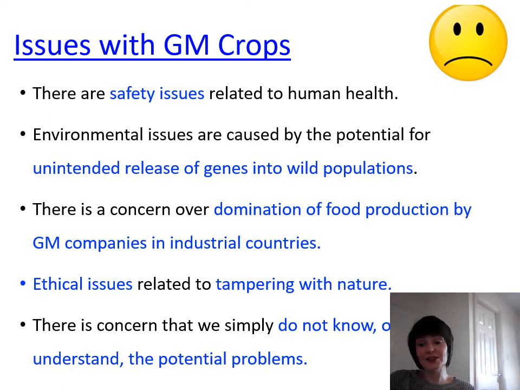And it's such a new technique that in the longer term we don't know what the potential problems could be. So some people are on the fence or maybe quite resistant to genetically modified crops. But again, that's entirely up to you to have an opinion on. But as a true scientist, always look at both sides of the story scientifically and make up your own mind.